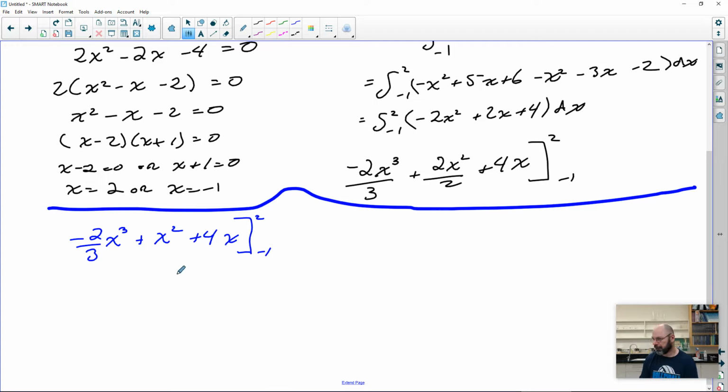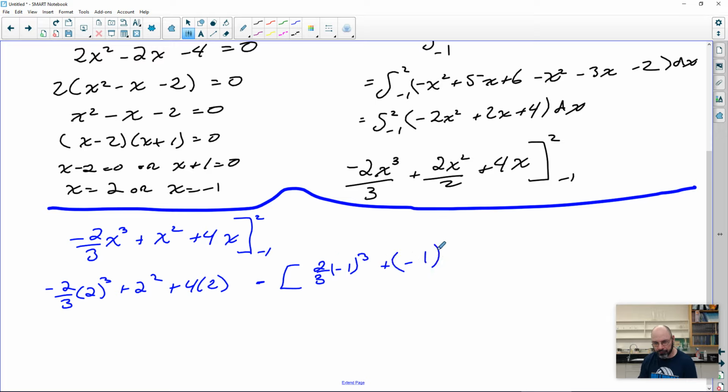So let's plug in our numbers. Negative 2/3 times 2 cubed plus 2 squared plus 4 times 2, minus the whole thing of 2/3 times negative 1 cubed plus negative 1 squared plus 4 times negative 1.